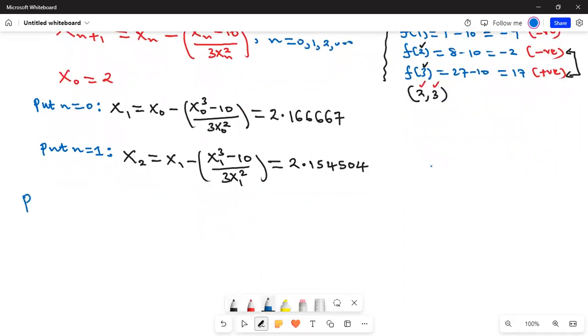Let's put n equal to 2. That will give us x3. x3 is equal to x2 minus x2 cubed minus 10 over 3x2 squared.